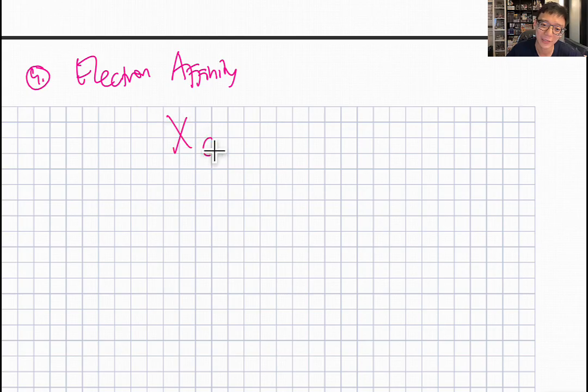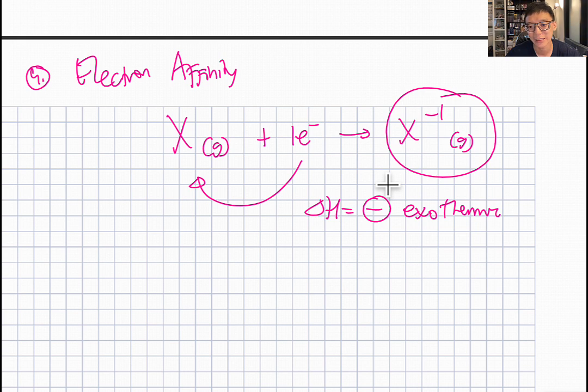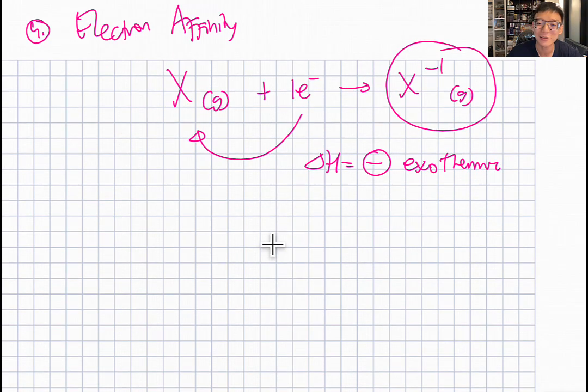So for example, you have X also in gaseous form, then you give one electron, and it will form an X negative 1 ion like this. Usually the process of attachment will produce some energy, so delta H is exothermic. They usually release energy.